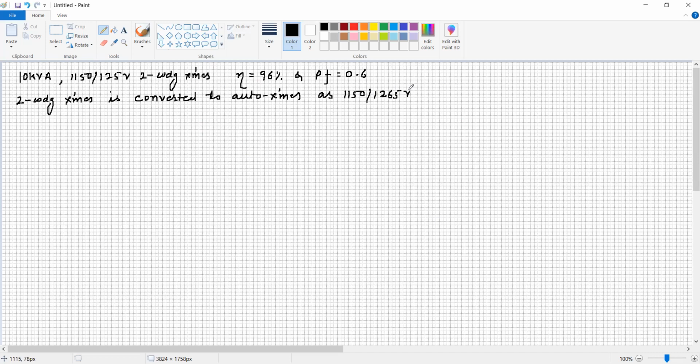It means that the primary voltage V1 is 1150 volt and secondary V2 is 1265 volt. It means it is a step up transformer. Okay, so we'll start solving.